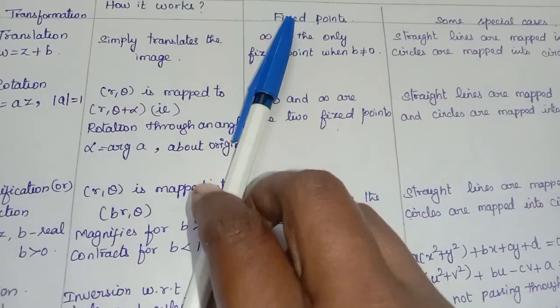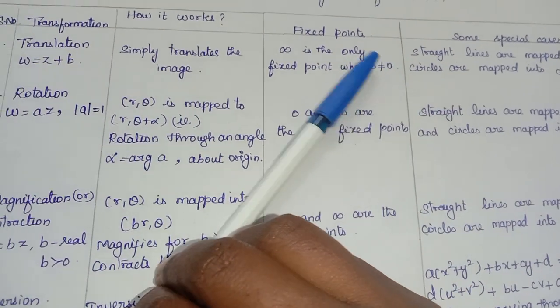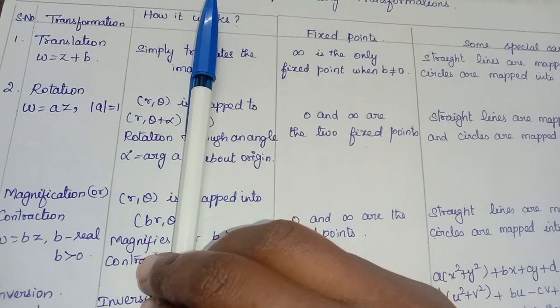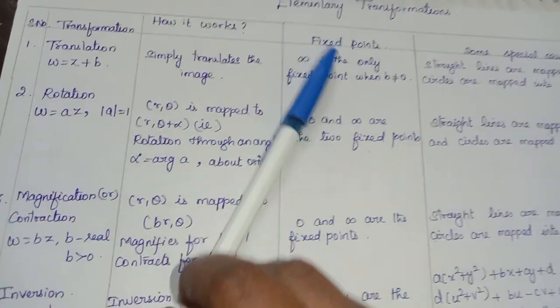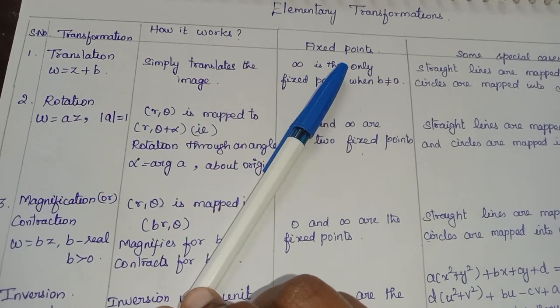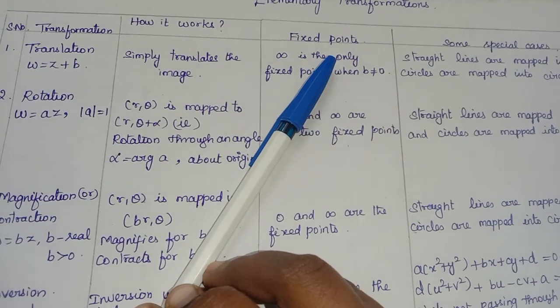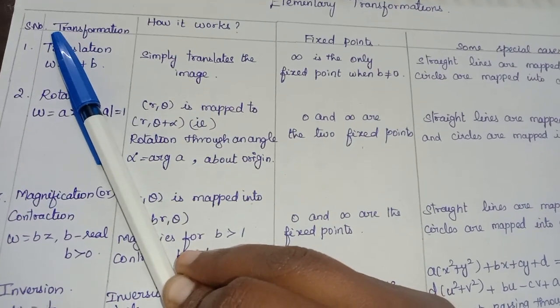For example, if I have a line like this in the Z plane, then in the W plane it will be rotated through some angle, either increased to theta plus alpha or theta minus alpha. Can you understand? This is my diagram in the Z plane. In the W plane, it gets rotated through some angle alpha.